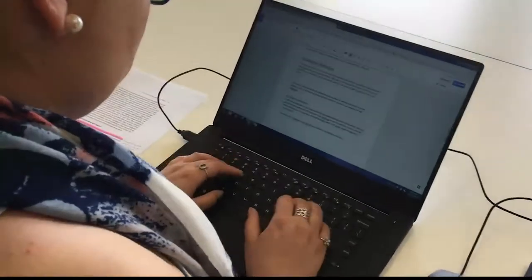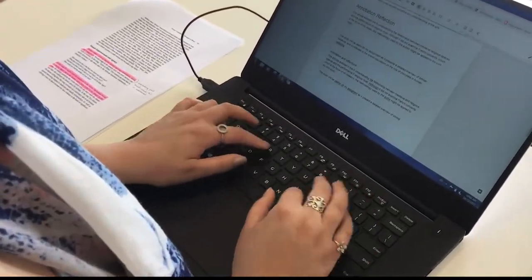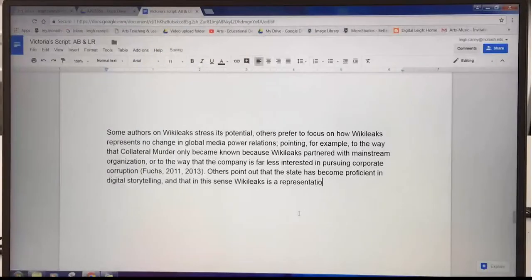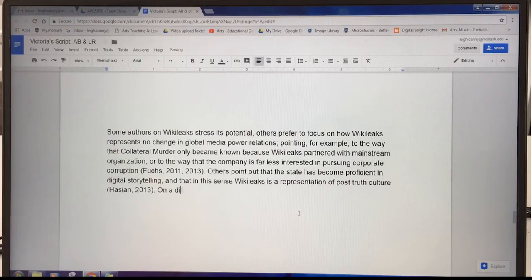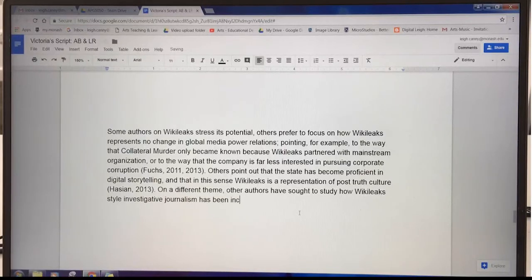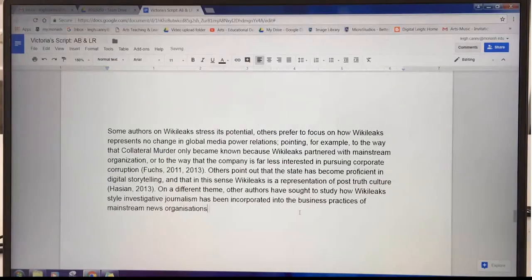Others point out that the state has become proficient in digital storytelling and that in this sense, WikiLeaks is a representation of post-truth culture, Hussain 2013. On a different theme, other authors have sought to study how WikiLeaks-style investigative journalism has been incorporated into business practices of mainstream news organisations, Coomber 2013.